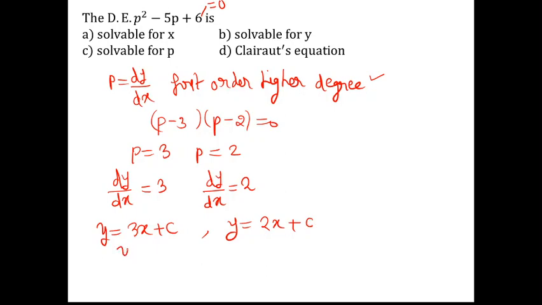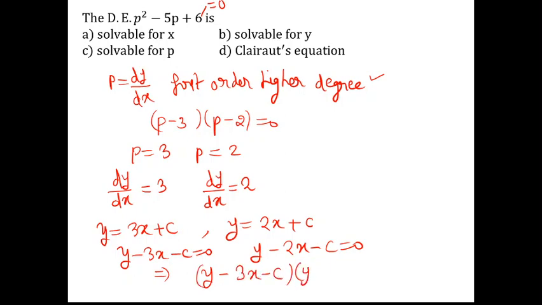So this gives y minus 3x minus c equal to 0 and y minus 2x minus c equal to 0. Therefore the complete solution is the product of these two: y minus 3x minus c into y minus 2x minus c equal to 0. This is our general solution, or complete solution.